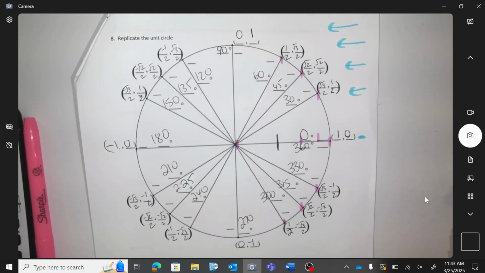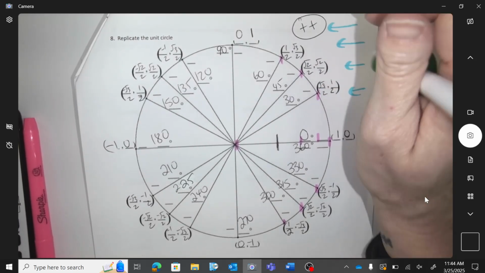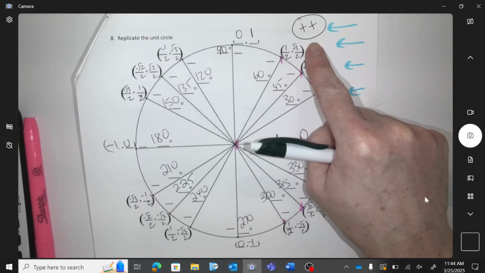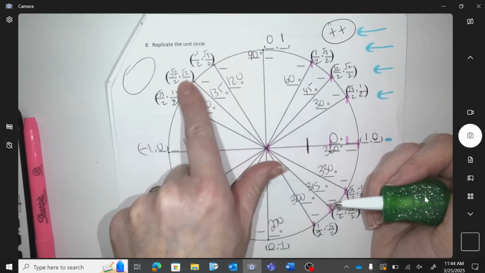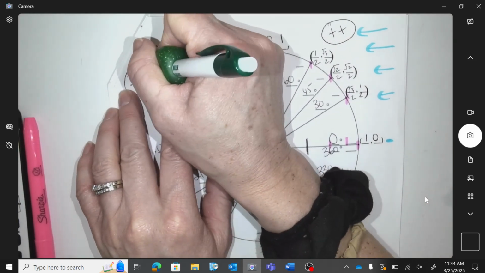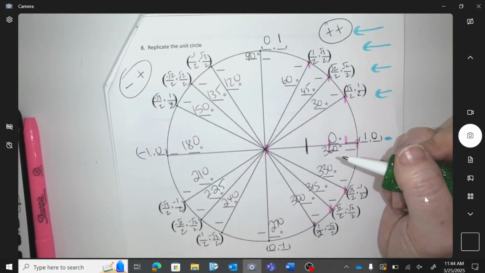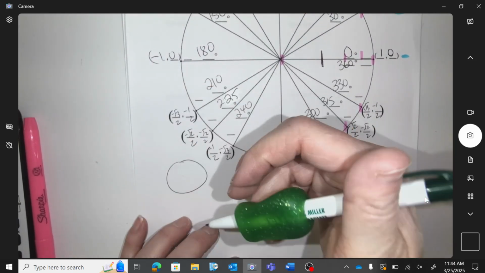Okay, I would check for myself, I just want to make sure in this quadrant everything ended up plus plus. I would check myself in this quadrant, did my coordinates end up negative and positive like that? What would coordinates look like on a graph here?